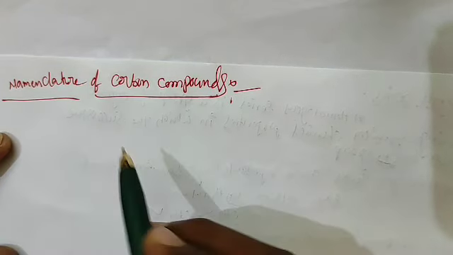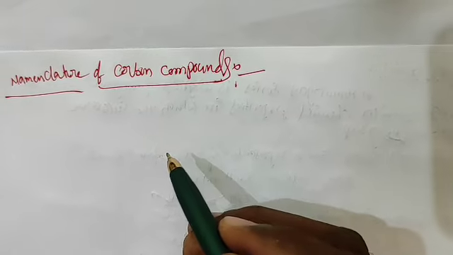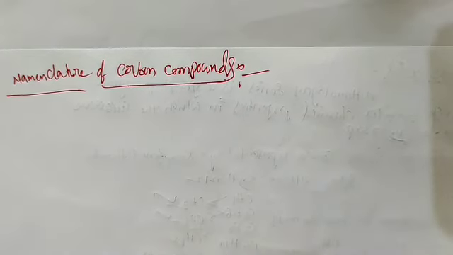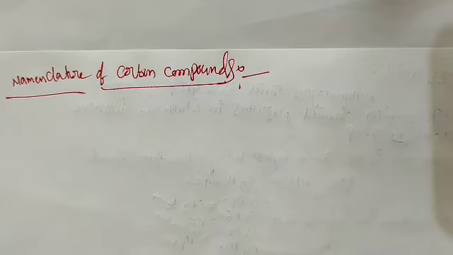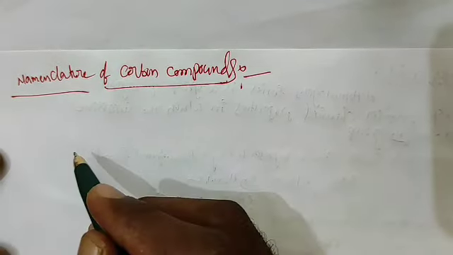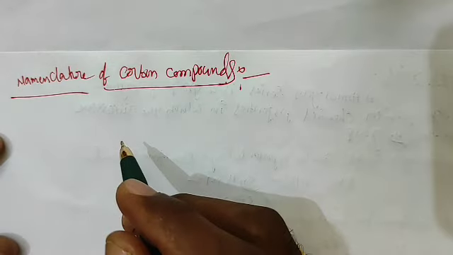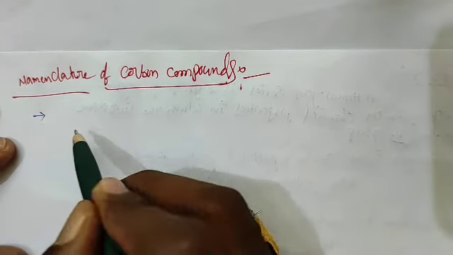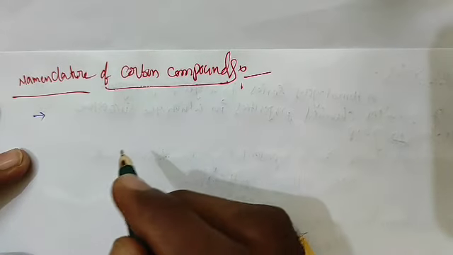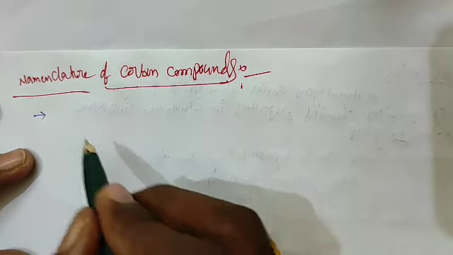Okay, next, nomenclature of carbon compounds. I already explained this previously for 11th students, but this is for 10th standard. Naming a carbon compound can be done by some methods. That method says, first identify the number of carbon atoms in the compound.